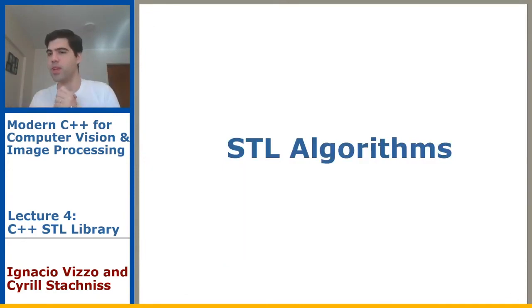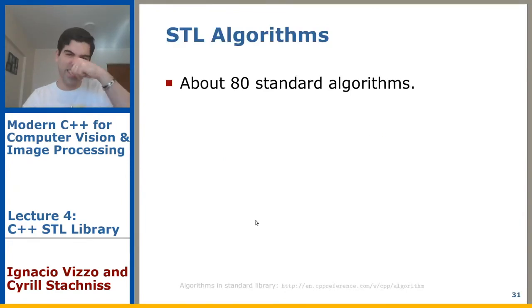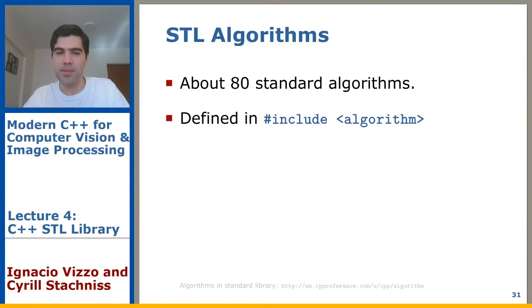Okay, so we have 15 minutes and then we will start a marathon on STL algorithms. I picked 15 algorithms and we will go as fast as possible over all of them. The STL algorithms are about 80 or even more standard algorithms.